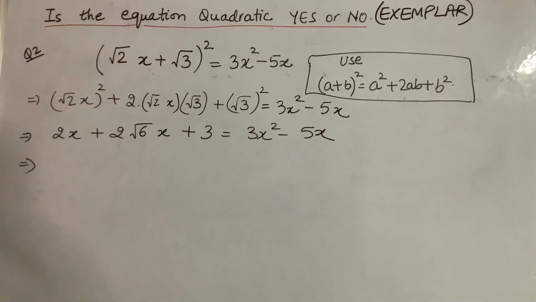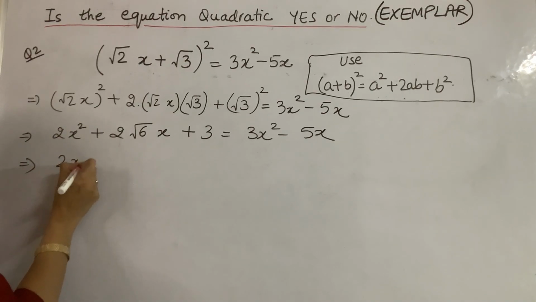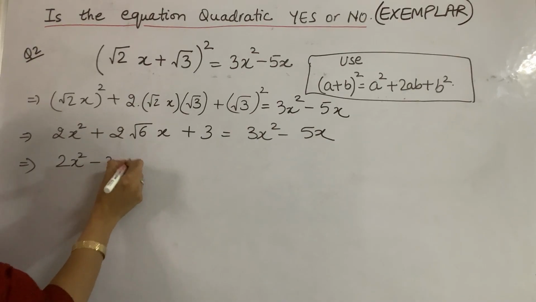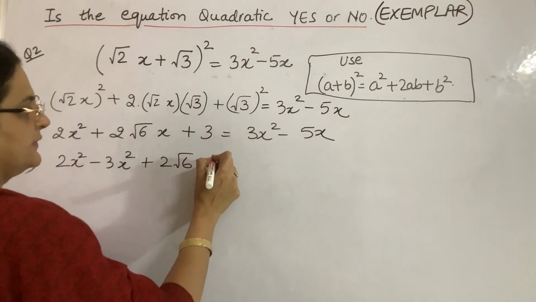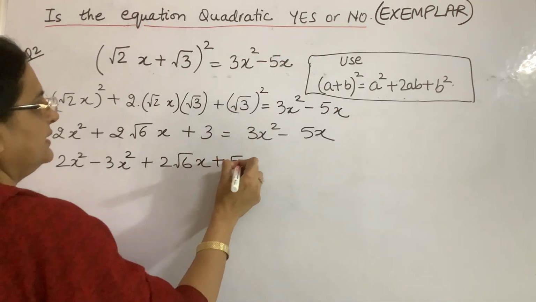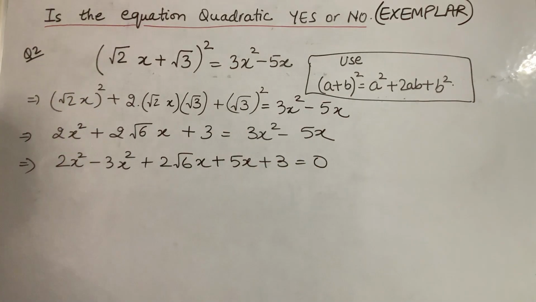Let us simplify it further. So this is x square over here. So this is 2x square minus 3x square plus 2 root 6x plus 5x plus 3 is equal to 0.